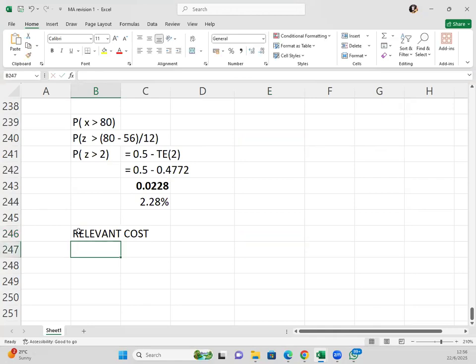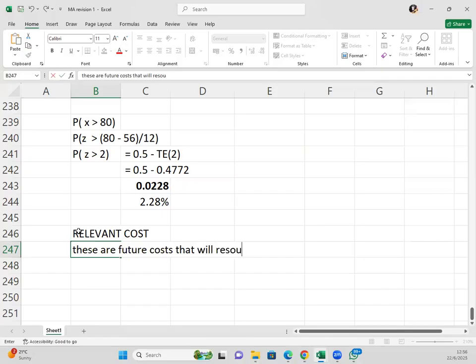what are relevant costs? These are future costs that will result in cash outflow.